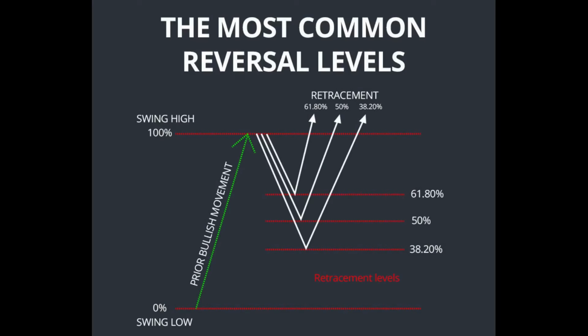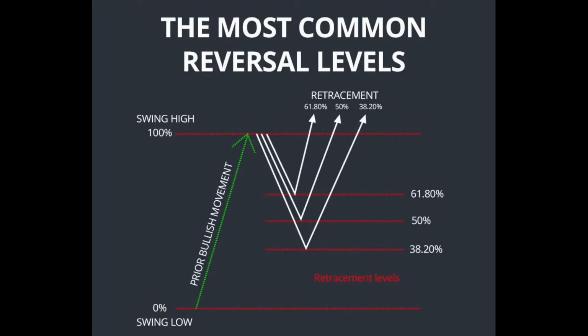Well, Fibonacci retracement levels are horizontal lines drawn on a chart that indicate areas where the price might reverse or stall. These levels are based on Fibonacci ratios, which are derived from the Fibonacci sequence. The most commonly used Fibonacci retracement levels are 23.6%, 38.2%, 50%, 61.8%, and 100%.